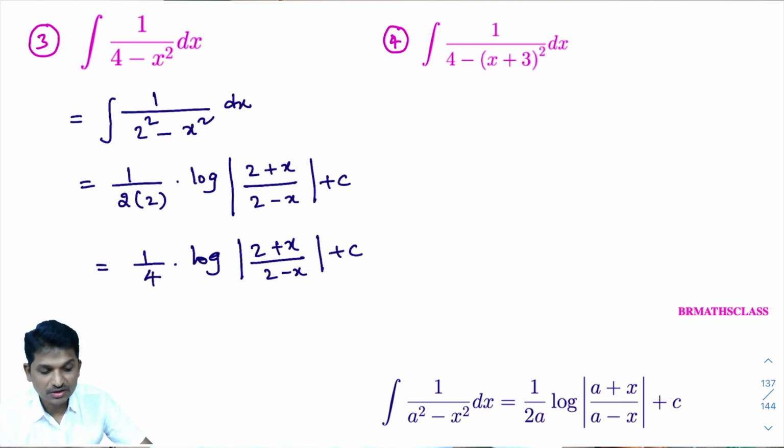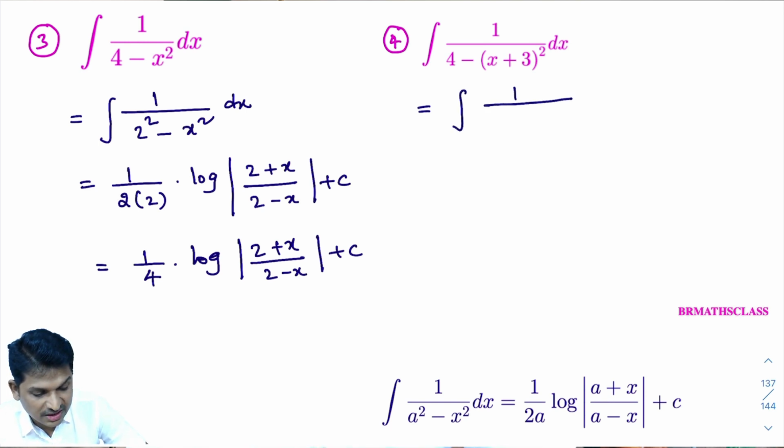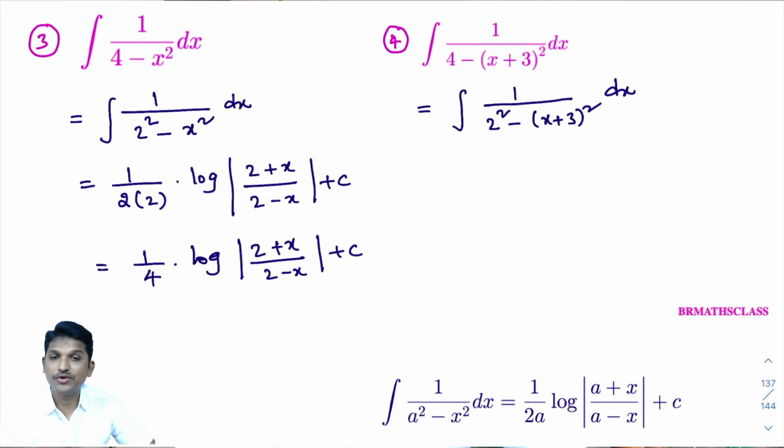Okay, now the main point. Look here, integral of 1 divided by 4 is there in the given question. Now 4 I will write as 2 square minus x plus 3 whole square dx. Listen to this carefully. What do you need to know from this problem? This is the formula, integral of 1 divided by a square minus x square dx.